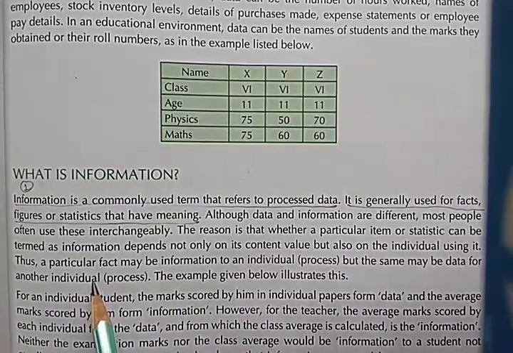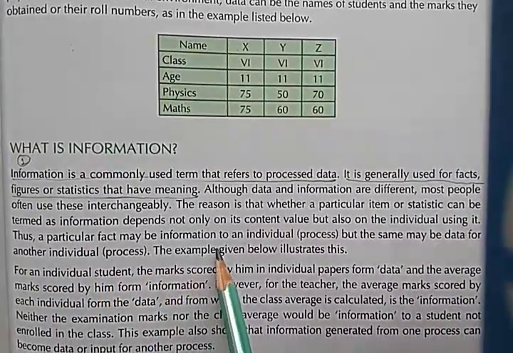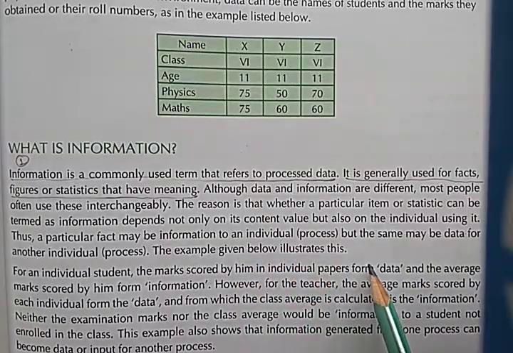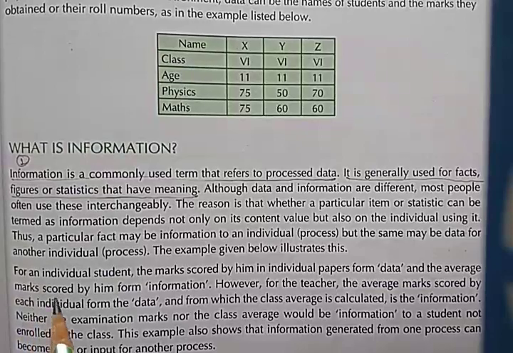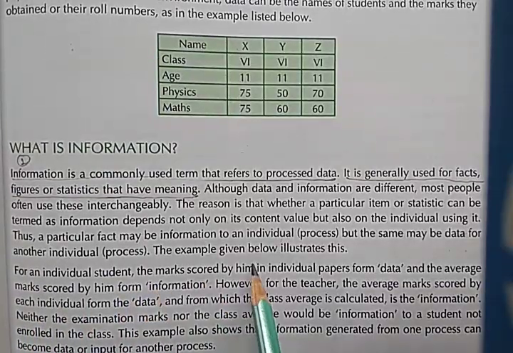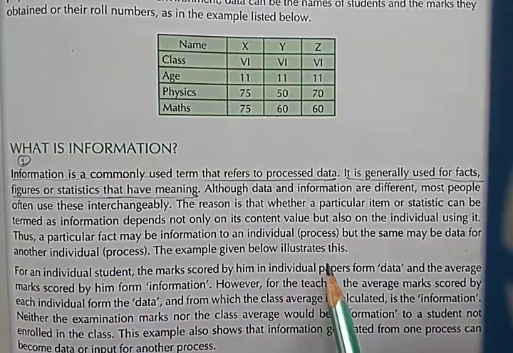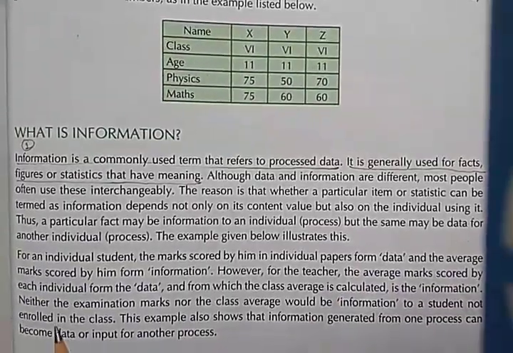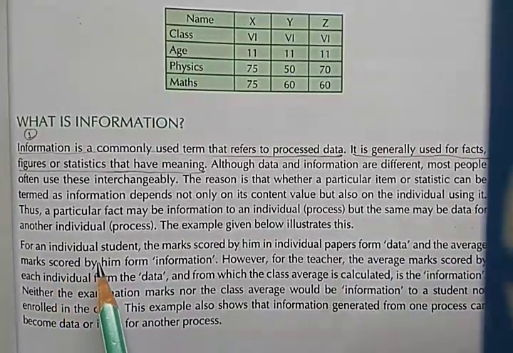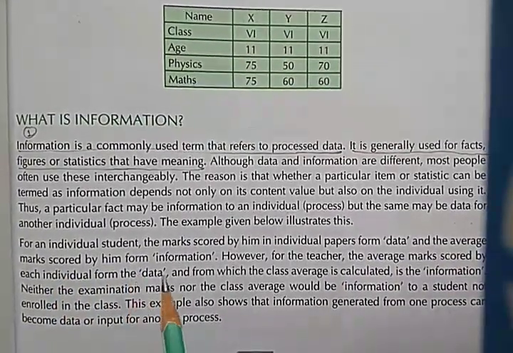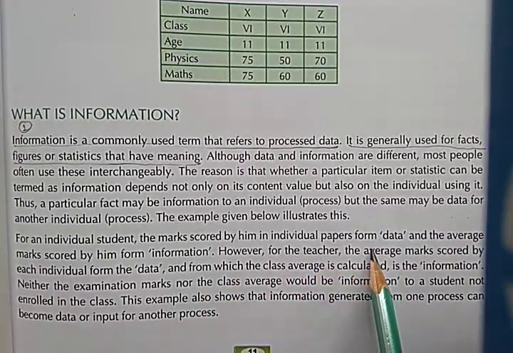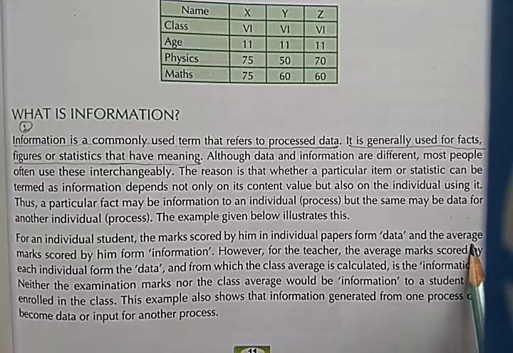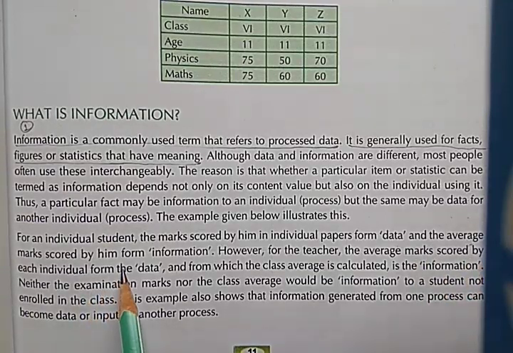Thus, a particular fact may be information to one individual process, but the same may be data for another. The example given below illustrates this. Let's see. For an individual student, the marks scored by him in individual papers form data, and the average marks scored by him form information.